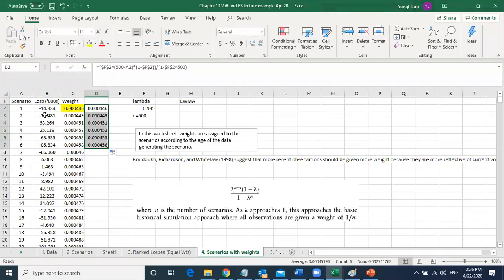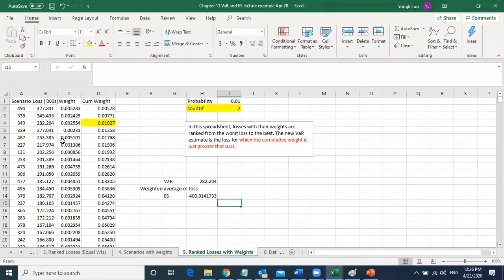So you have the weight and the losses. Next, you calculate the cumulative weight.